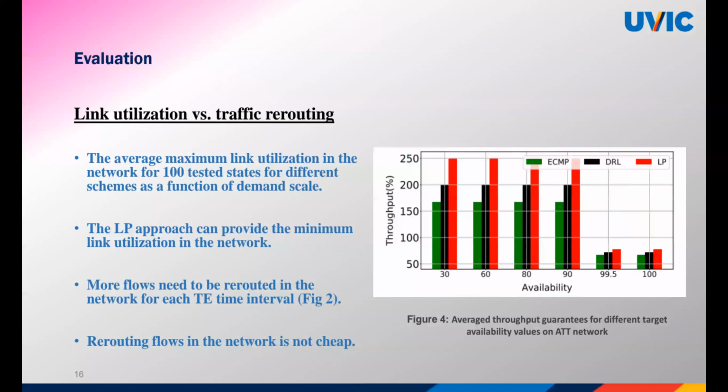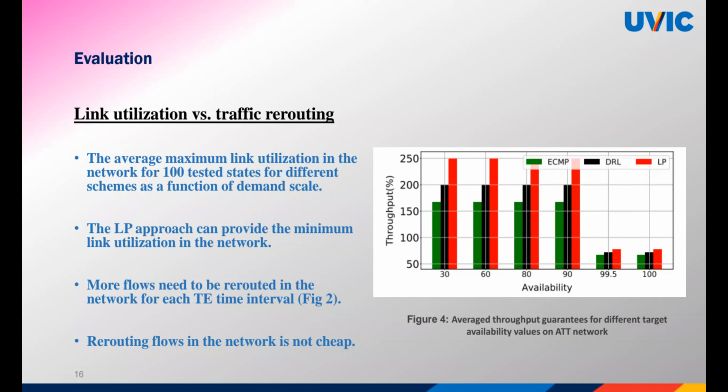Here in figure 4, you can see the value of throughput in the network using our scheme for different target values of availability. DRL can help to send more traffic in the network for a target availability in comparison to the ECMP approach.